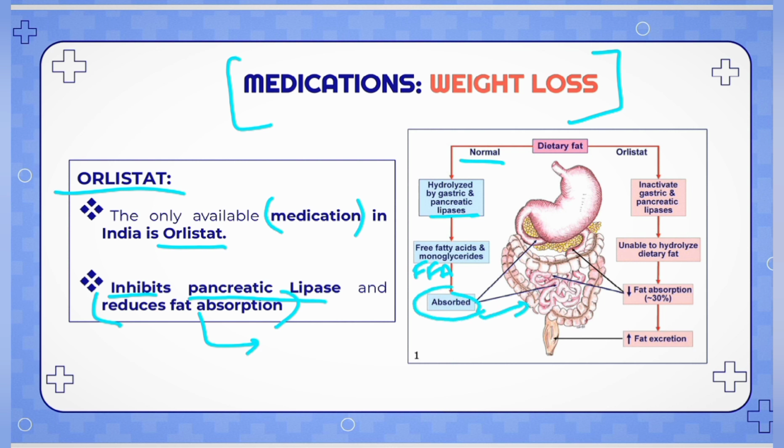However, when orlistat is used for losing weight, it inactivates the gastric and pancreatic lipase enzymes, and because of that the dietary fat is unable to be hydrolyzed into free fatty acids and monoglycerides, and because of that there is a decrease in fat absorption by approximately 30%, and there is an increase in the fat excretion from the body.